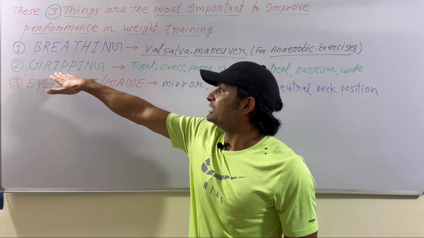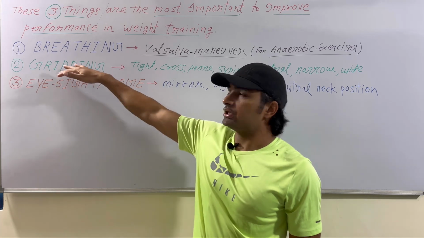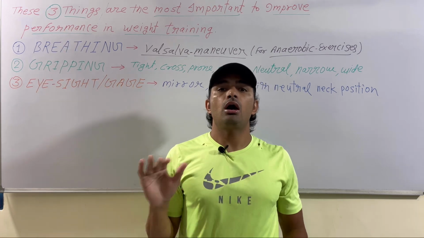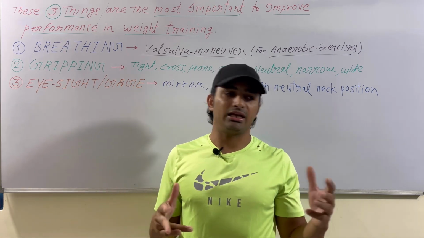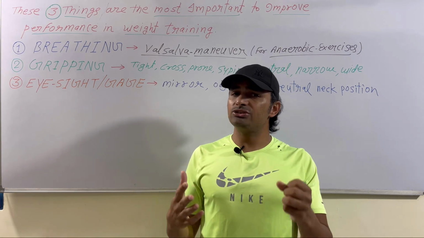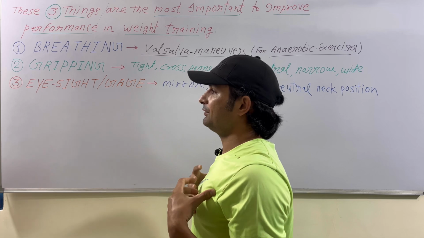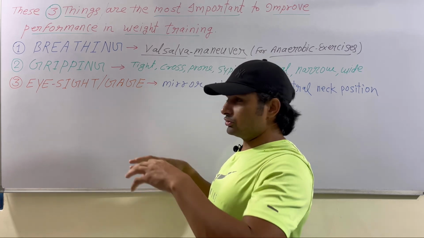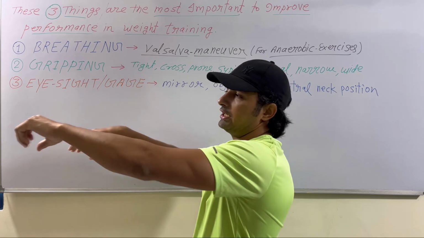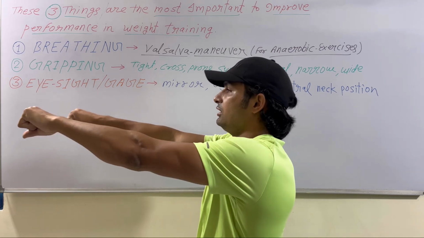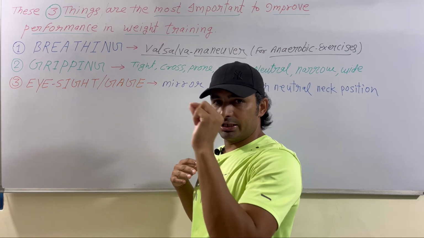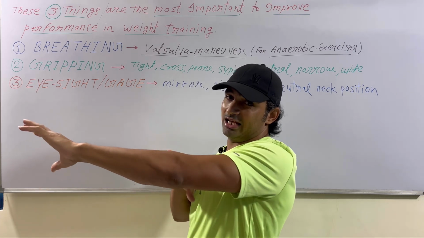The second topic is gripping. We will talk about gripping later; first we have to clear this thing: how to breathe when doing any particular exercise. You can choose your starting point, for example in chest press I can set it here or here, but you have to choose a starting point where your muscle is in a relaxed position.